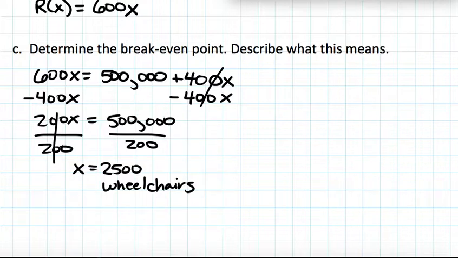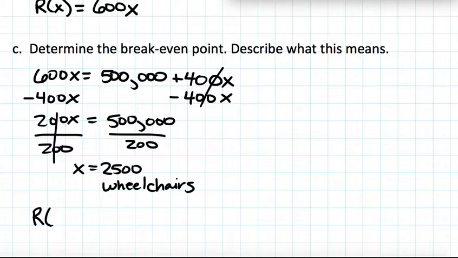Now, what you're going to see in the homework is that they're going to want you to write this as a coordinate pair. So what that means is that I need to find the revenue and costs at that point where I'm making and selling 2,500 wheelchairs. They're going to be the same because I'm breaking even there.